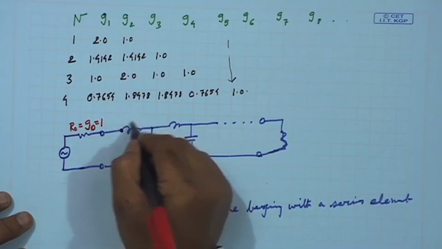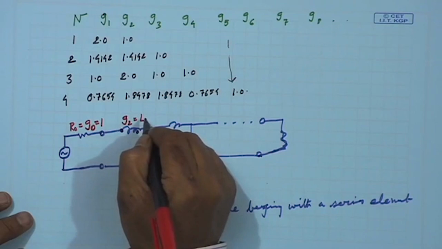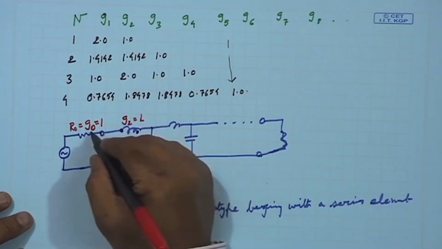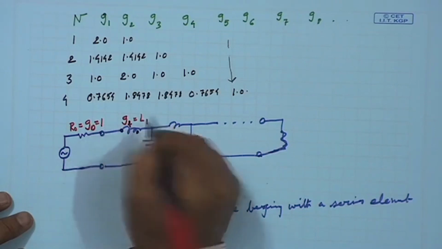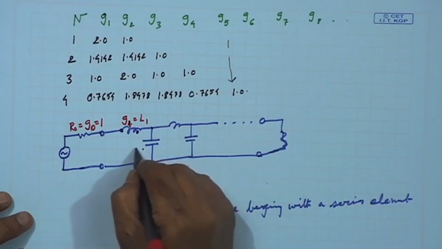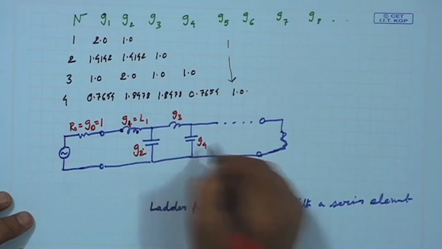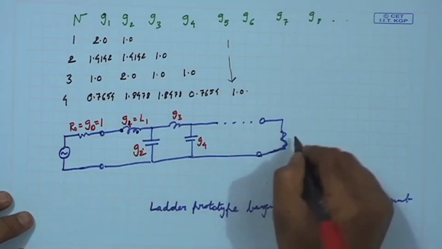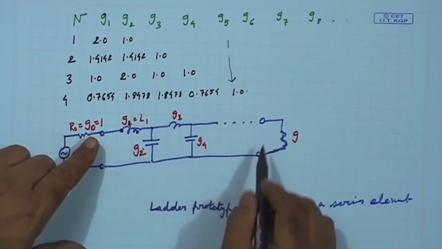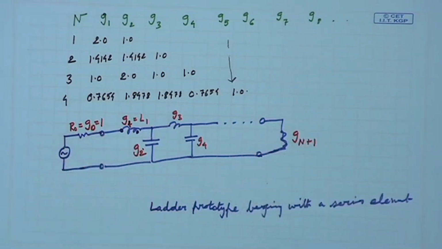Then this one they call G1, this is L1. Then this one they call G2, this is G3, this is G4, and the last one will be, because we are starting here, there are n, capital N order, so this is an extra one, G n plus 1.